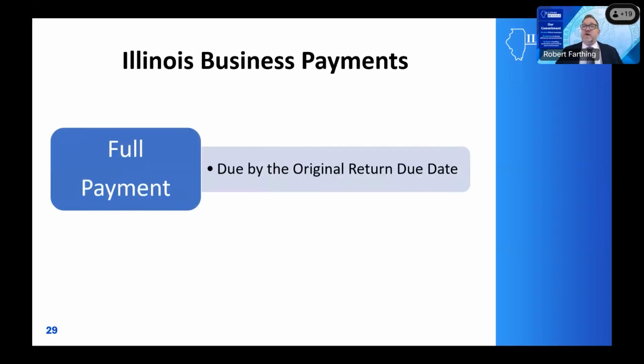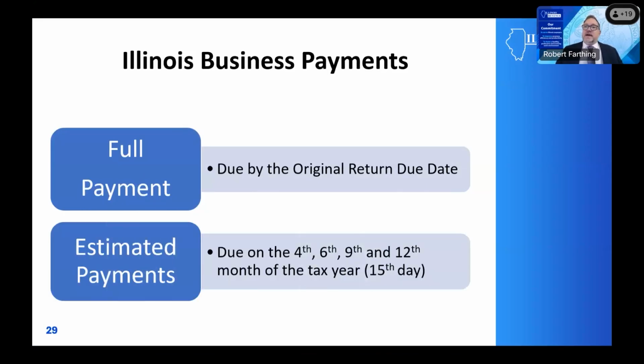For all business return types, full payment is due at the time of the original return due date. This is true even if the return itself is not filed until the extended due date. Additionally, estimated payments are required for income tax liabilities of $400 or more on an IL-1120.